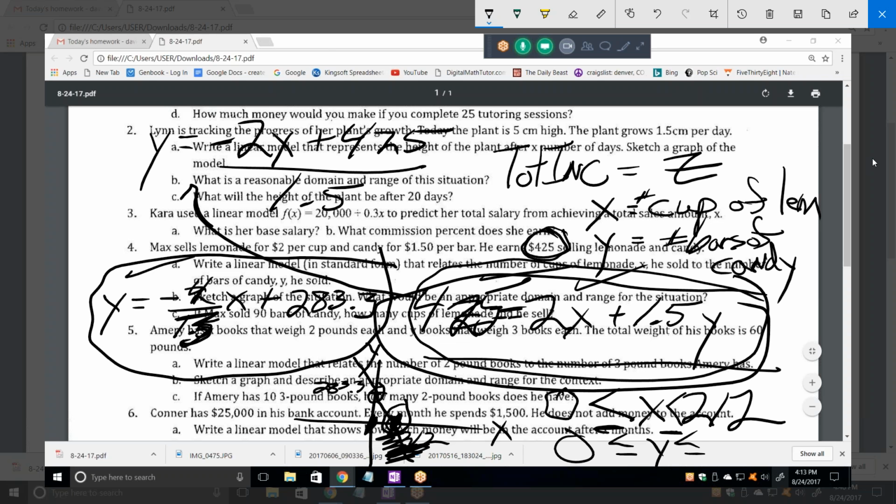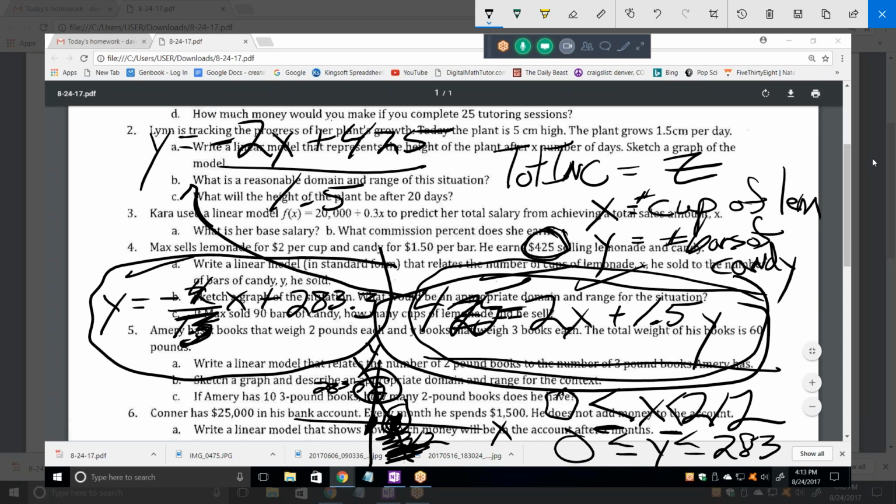What's the largest amount of candy bars she could possibly sell? 283. This number right there. Right. The y-intercept. And notice what that is. That is 0 candy bars. Excuse me, 0 cups of lemonade.